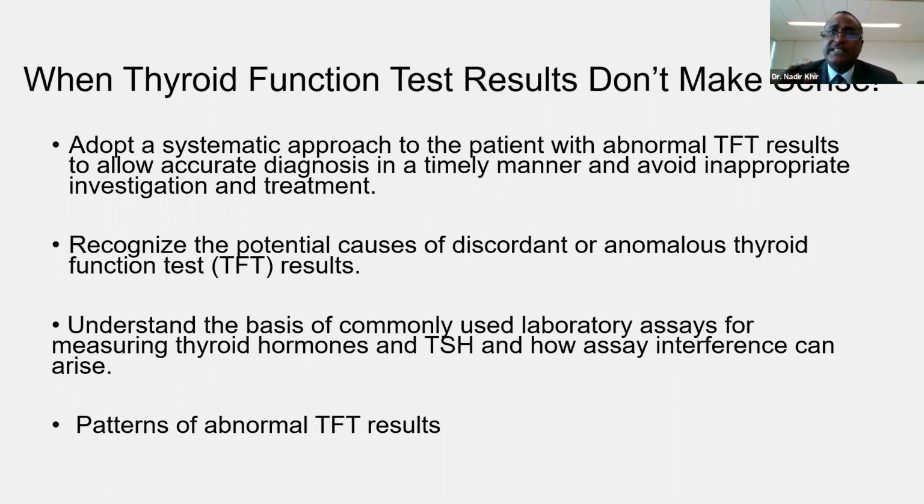Those are when the TSH is abnormal, but the T4 and T3 are normal, and the patient clinically usually has no symptoms. So usually the TSH is the abnormal one. But whenever you see TSH is normal, but the T4 and T3 are not normal, then you have to think about lab interference, secondary thyroid disorder.